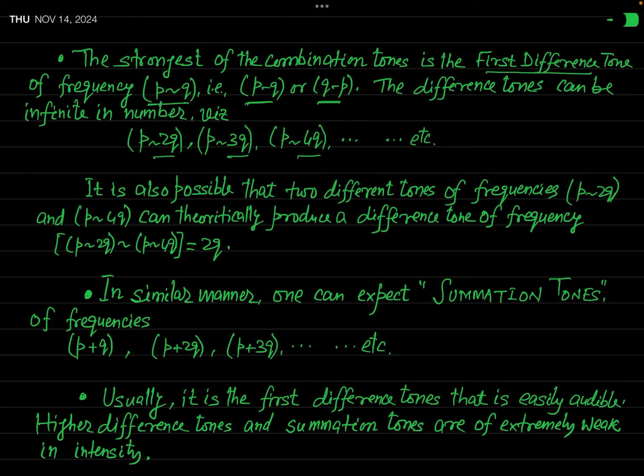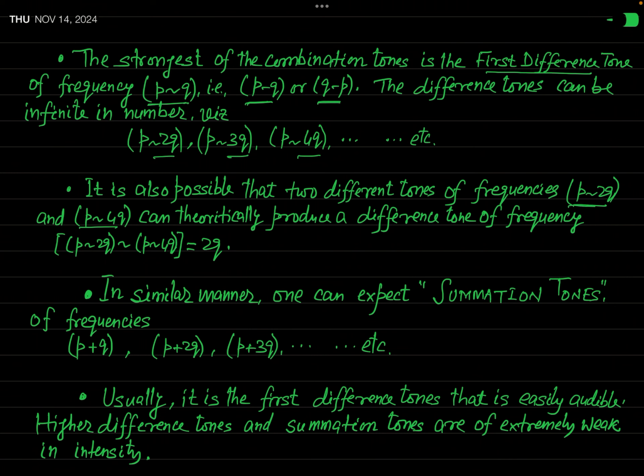Now it is also possible that if you get combination frequencies P difference 2Q and P difference 4Q, they both are actually combinational frequencies, then it is also possible that our resulting wave will consist of the frequency which will be the difference of these two combinational frequencies.